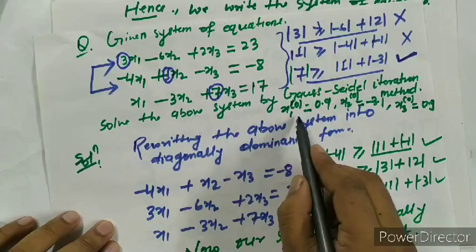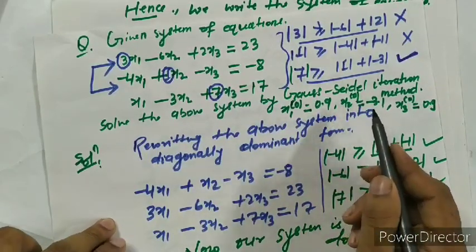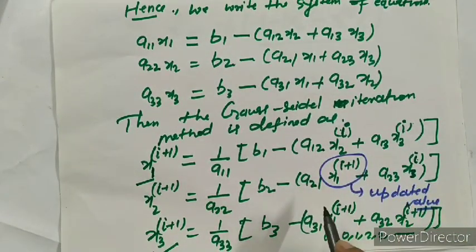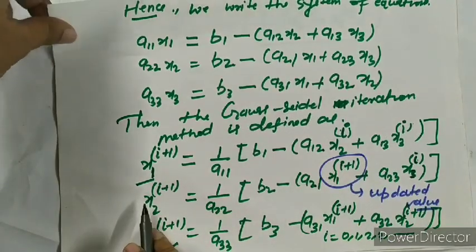This is the initial value we already have. So how do we use this formula for finding the solution? We have to use this iterative formula.